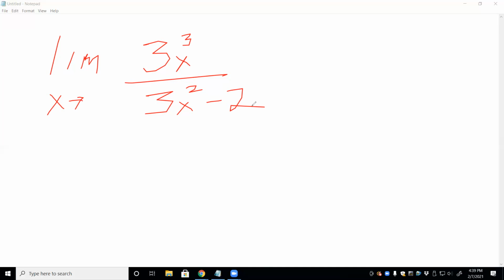I can ignore the minus 2. When x goes to infinity or negative infinity, I just eliminate everything but the highest degree term on top and bottom. That reduces to x. So as x goes to infinity, that goes to infinity, and as x goes to negative infinity, that goes to minus infinity.